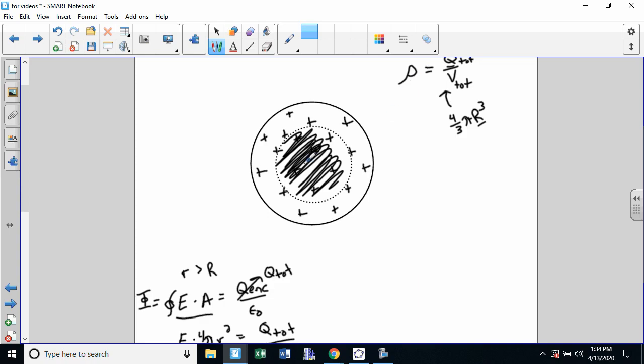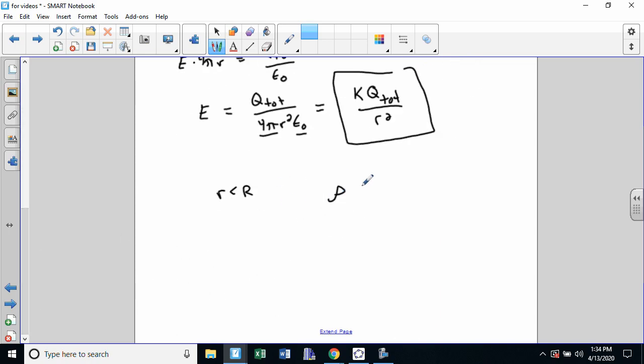And I'm going to do that with rho. If rho is charge per volume, then the charge of any little chunk that I look at should be equal to rho times the volume that I'm looking at. So what I'm going to do is set up Gauss's law. The surface integral of E dot A is equal to the total charge enclosed divided by epsilon naught.